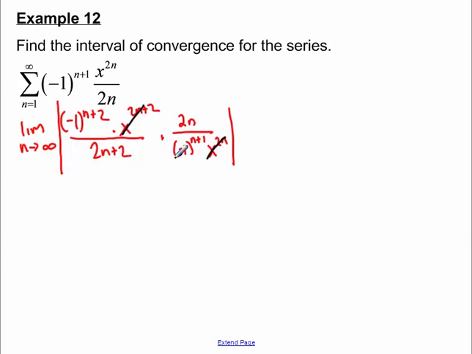So then our interval is x squared less than 1, meaning -1 less than x less than 1. And then now we have to test the endpoints. X equals -1.